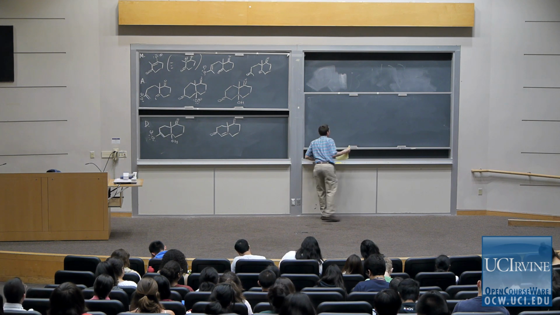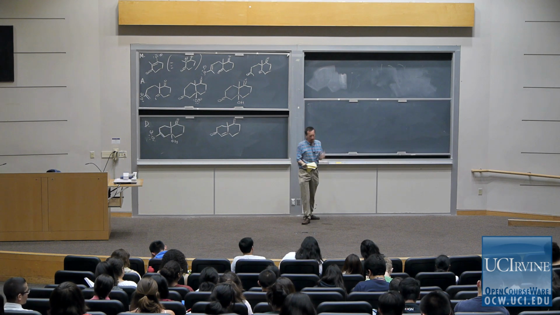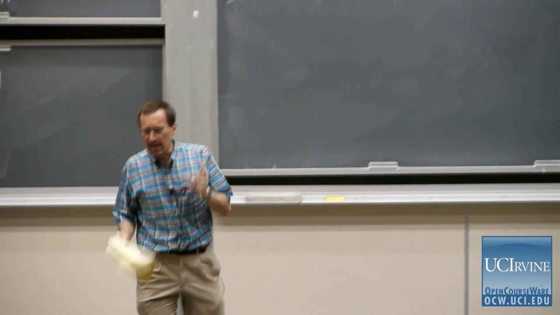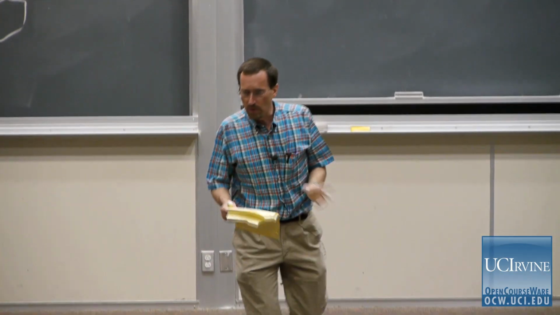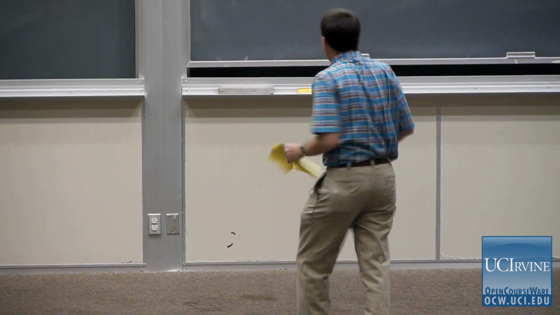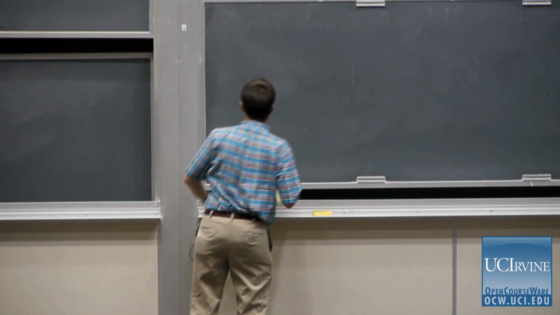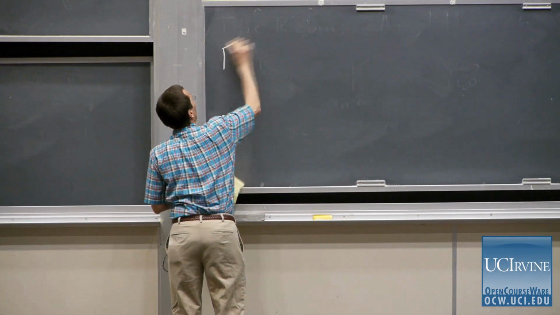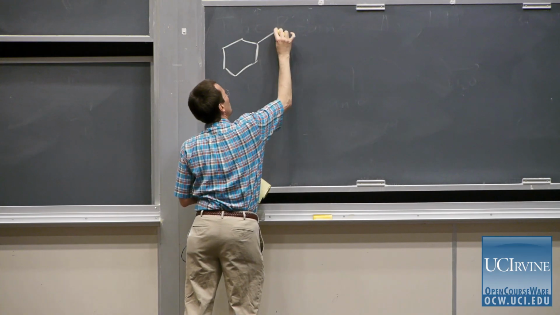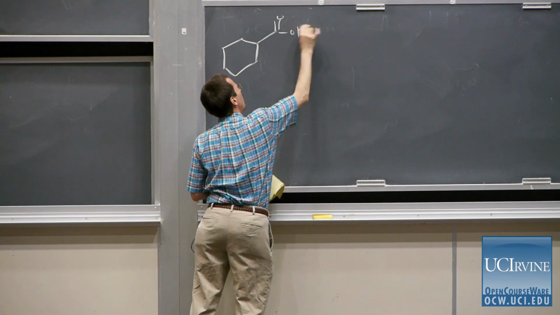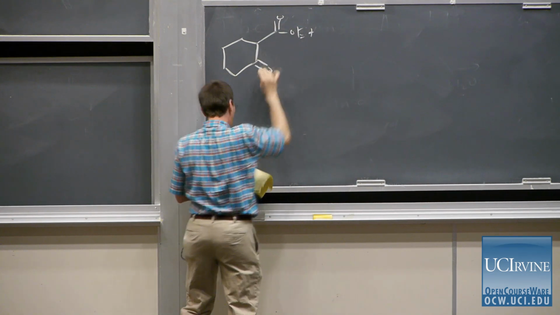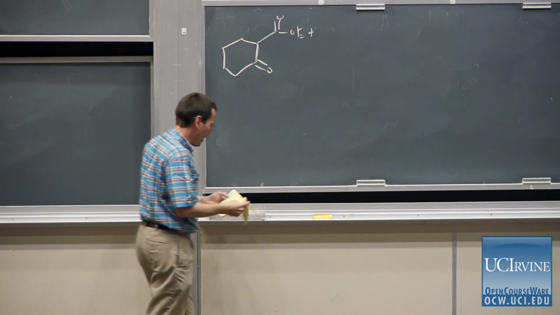All right, since this is such a big thing, I want to give us another example. Many, but not all, of the examples do involve 1,3-dicarbonyl compounds because, quite frankly, it's easier to generate the enolate and to do the Michael reaction when you have a 1,3-dicarbonyl compound.